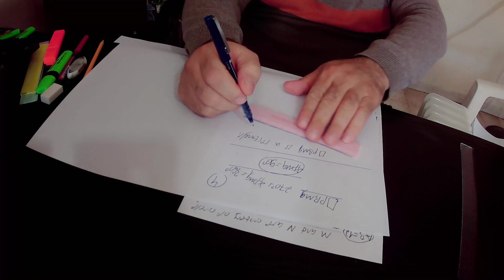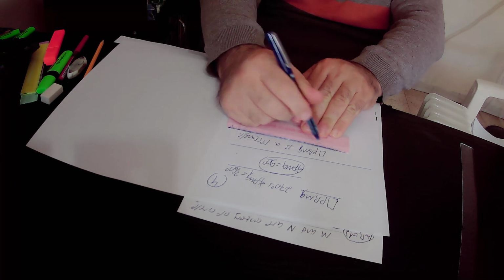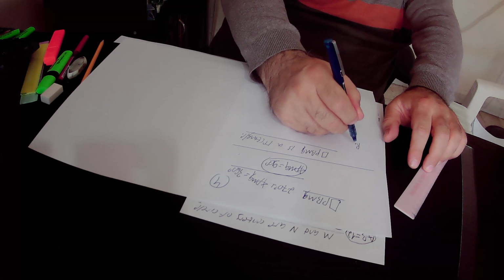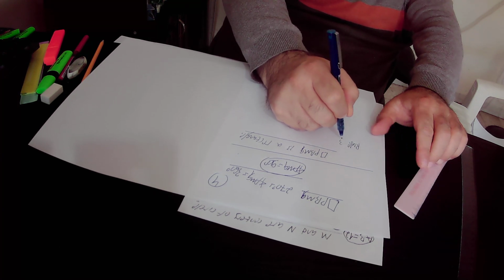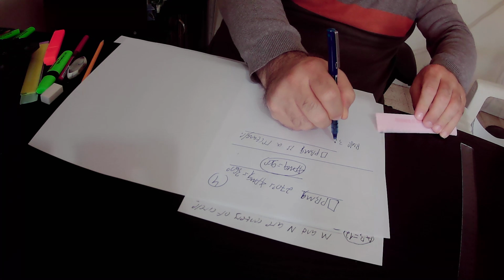And we have rule number 3. According to rule number 3, the opposite sides of a rectangle are equal to each other.